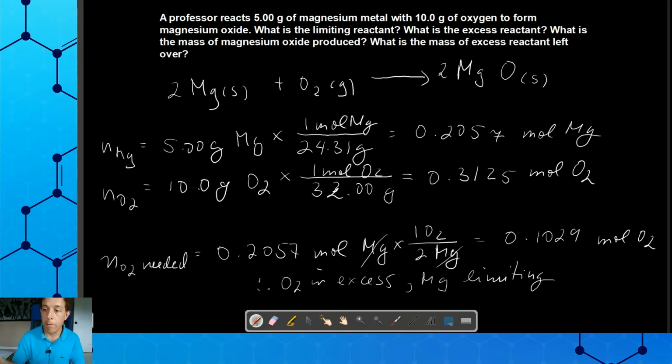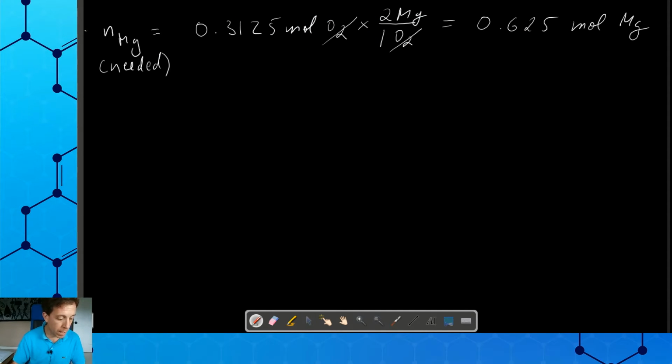So again, we can say that the magnesium is limiting. Okay, so 0.625 moles of magnesium would be needed to use up all the oxygen, or use up the available oxygen.